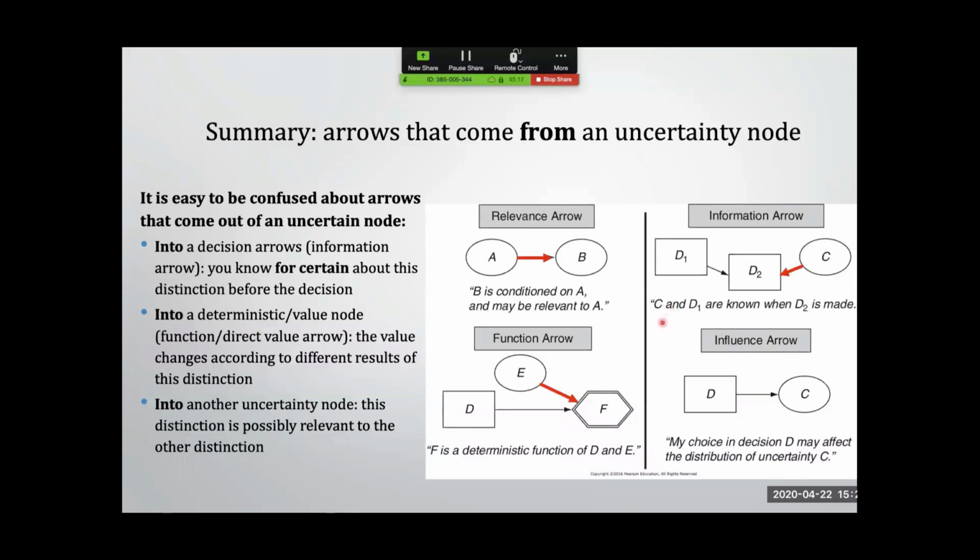Now we know what the nodes and arrows mean, we can put together some decision diagrams to represent the various decision trees that we have looked at. So the next topic is to look at several decision diagrams and try to interpret them, or connect them with the decision trees that they represent.